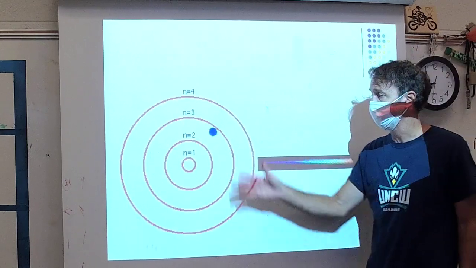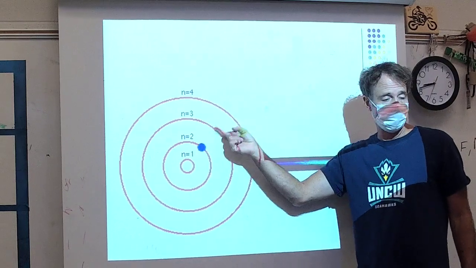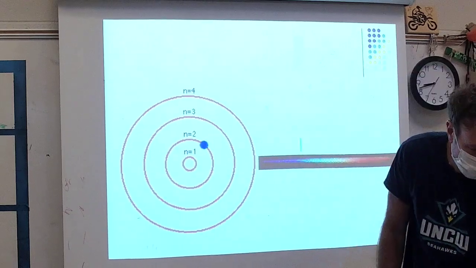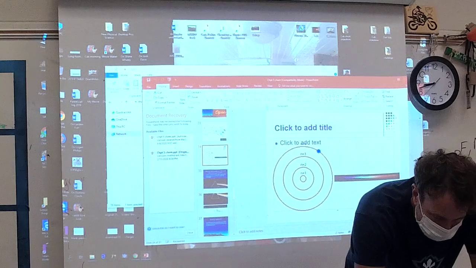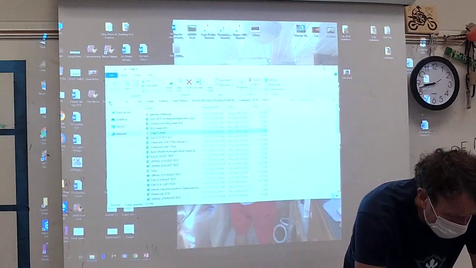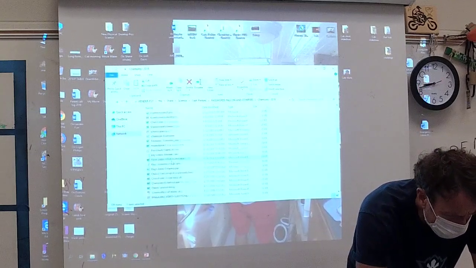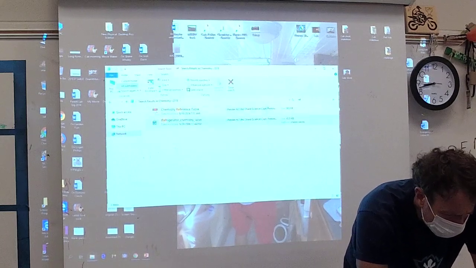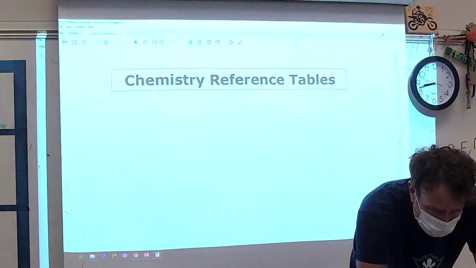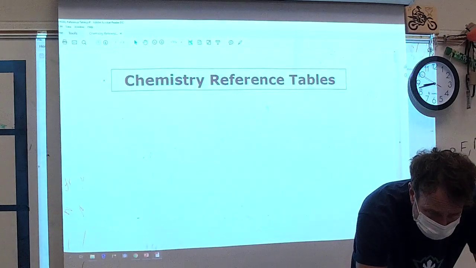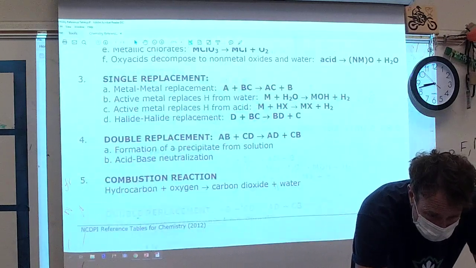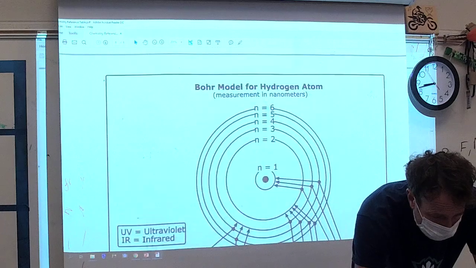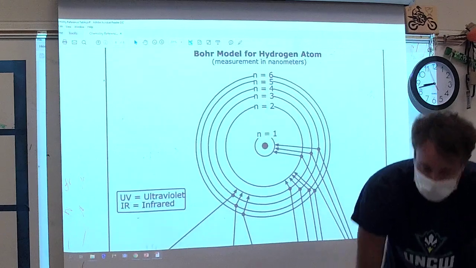And this one here you can see is falling from N4 to N2. So you'll be responsible for making calculations of this by looking at the back of your reference tables. Now right here is the back page of your reference tables. And if you look, you can see we have Bohr's model of the hydrogen atom there.